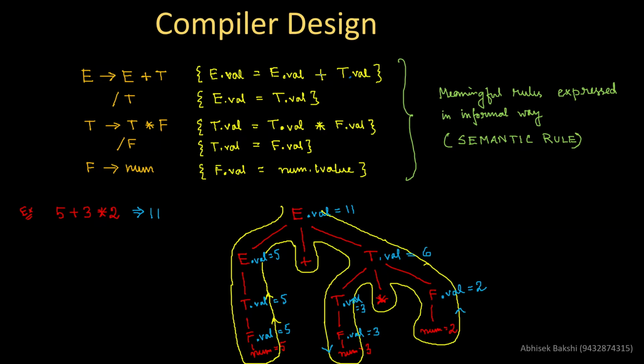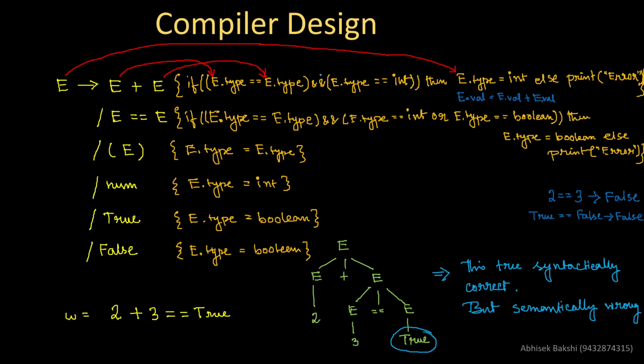That condition checking I have not written here, but that does not mean condition checking should not be there. It has to be there. I have just represented condition checking and evaluation in two different examples. That's all. So this is the way we can write rules for different types of production rules and different types of grammars.